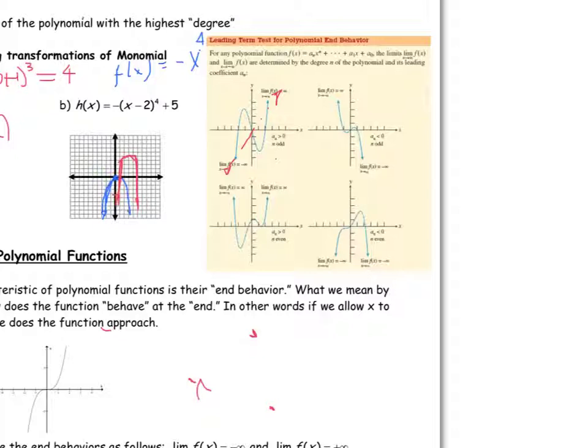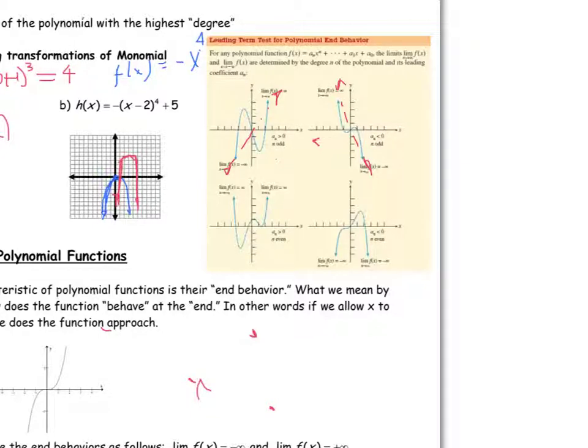If you have an odd degree polynomial and your a is negative, it's going to mimic that of a line with a negative slope. As x's get smaller, going this way, my y values are getting bigger, and as x approaches positive infinity, my y's are getting smaller. So that mimics that of a line.